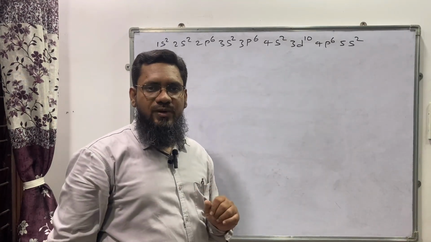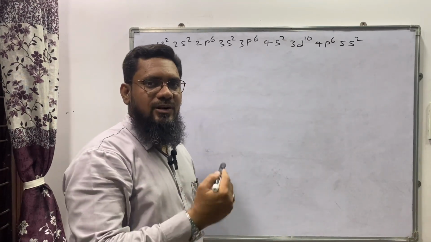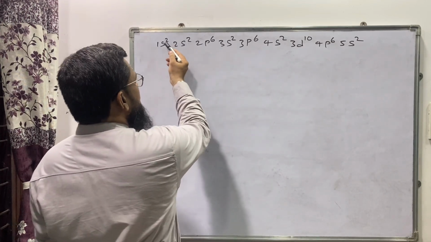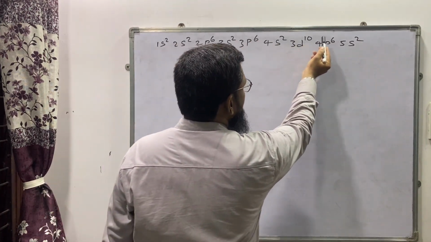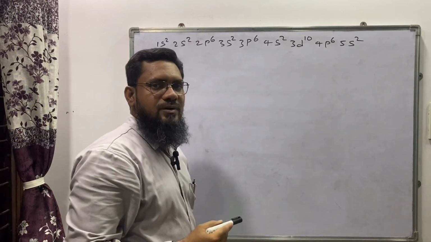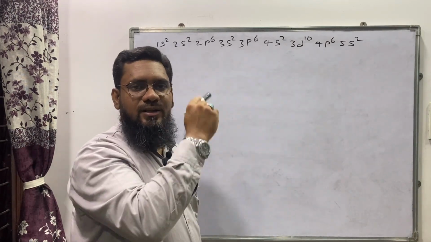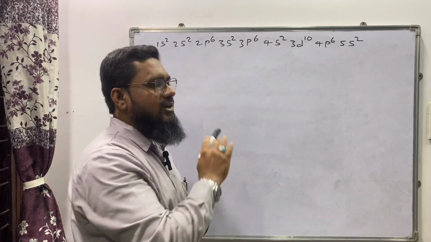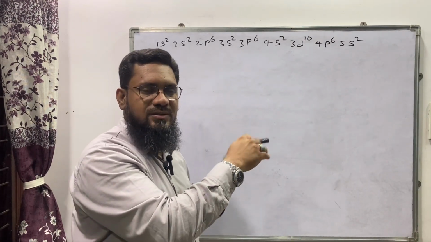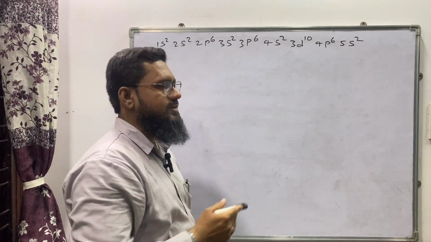With the help of this configuration, you can write the electronic configuration for 2, 4, 10, 12, 18, 20, 30, 36, 38 electrons. This information is enough for us to solve most numericals.